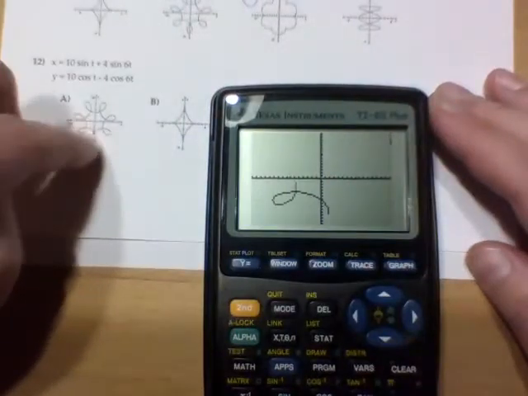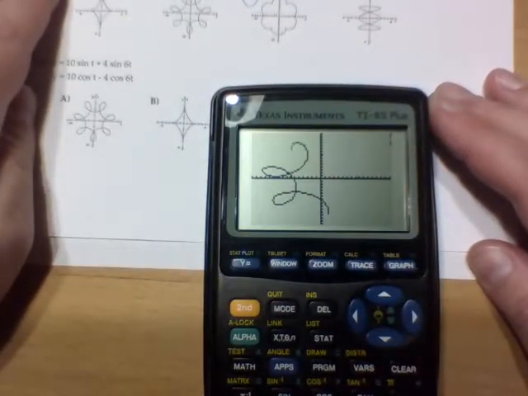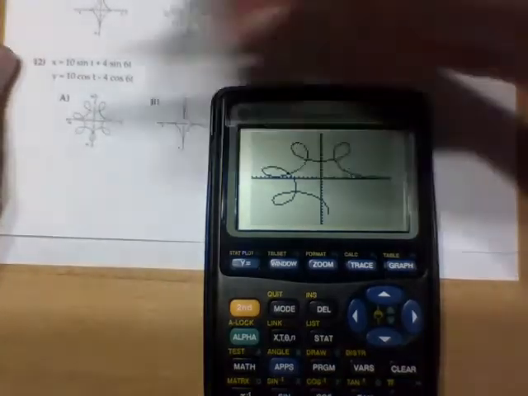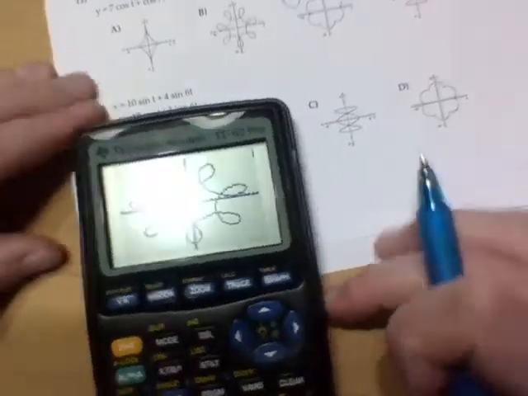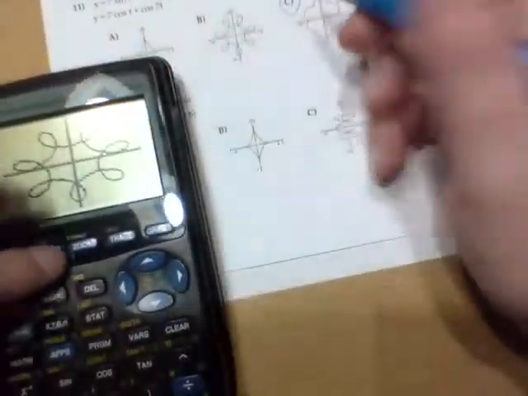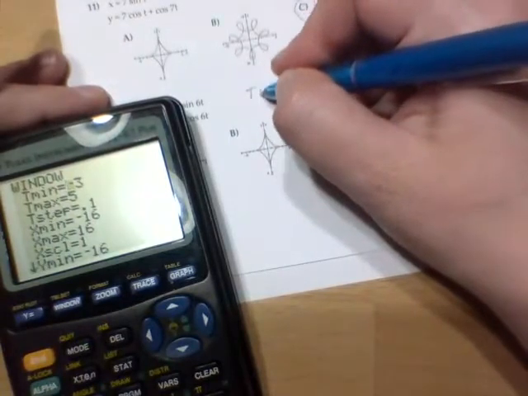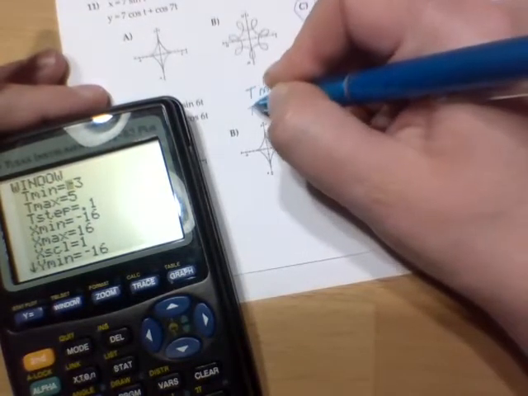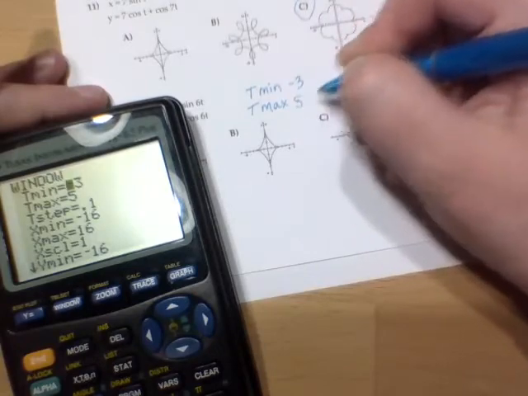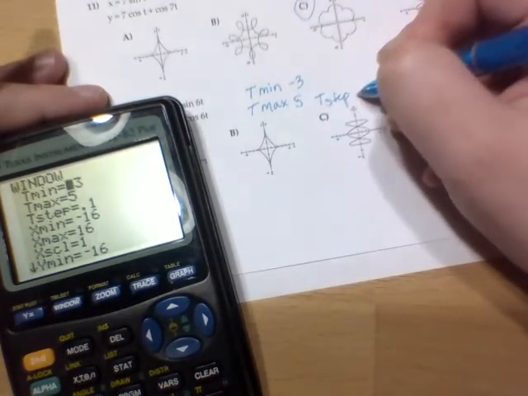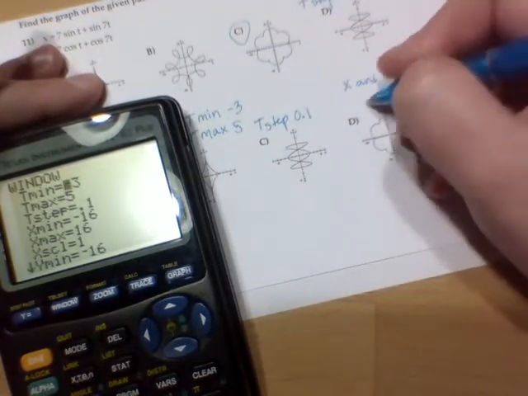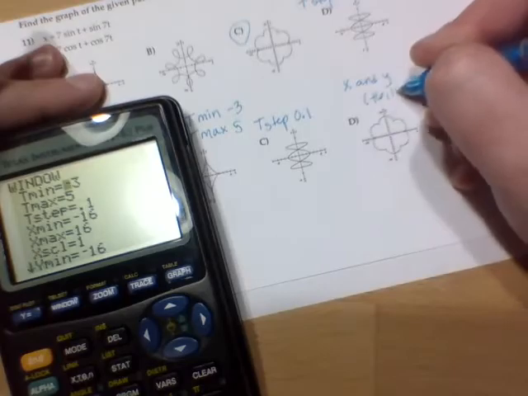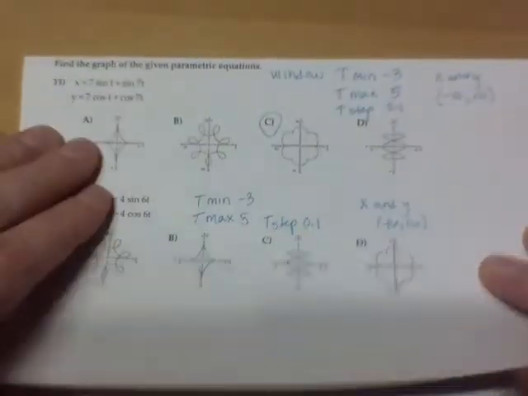All right, so if we graph based on what this one was giving an image of, we do end up having A. And so if we just take note, our window was a t minimum of -3, a t maximum of 5, and a t step of 0.1. And then your x and y were between -16 and 16. All right, so that's those guys.